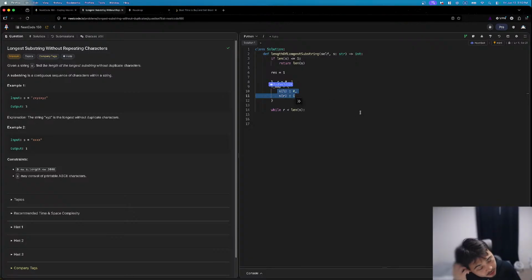Should I initialize this? I should just initialize it with the first, right?